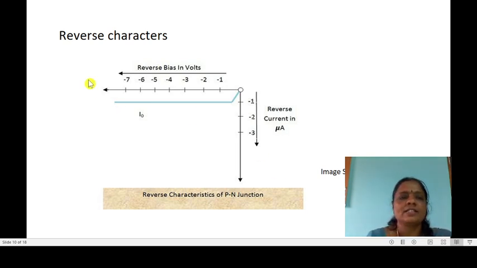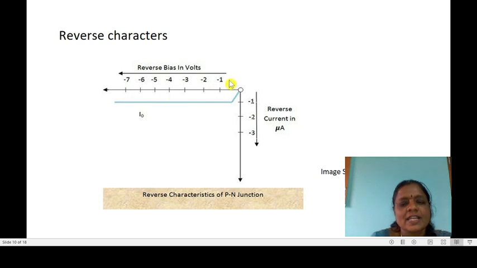I already explained that in the reverse bias, the diode does not conduct and is not going to give you any current. Here you see we are increasing the voltage in the negative direction, because the negative of the diode is connected to the positive of the battery, that is -1, -2.